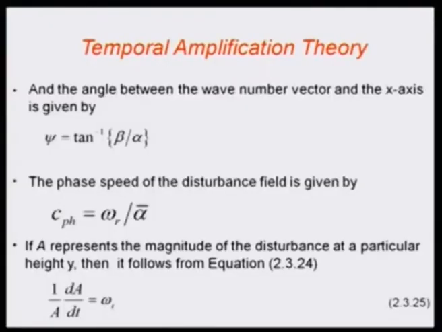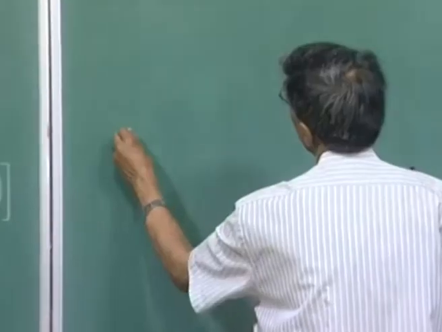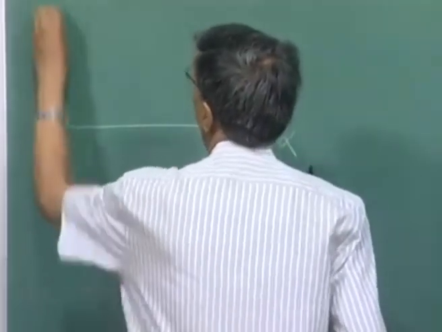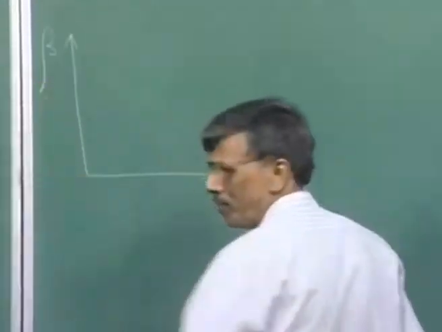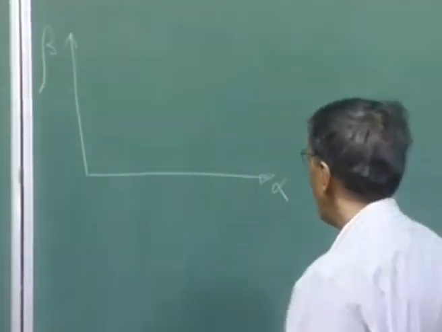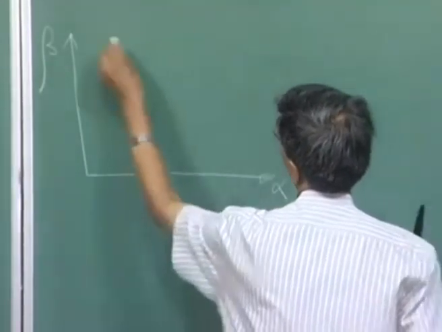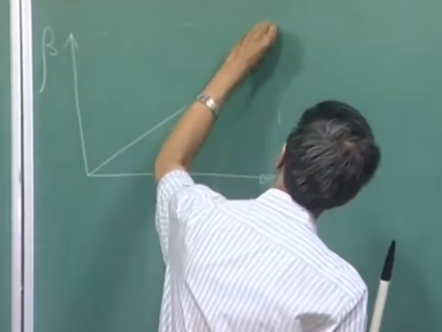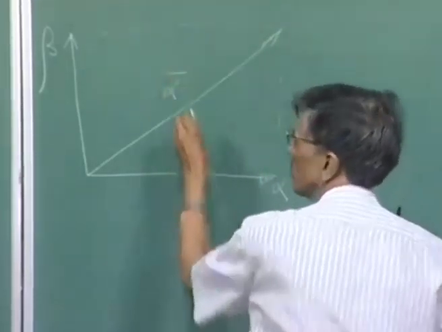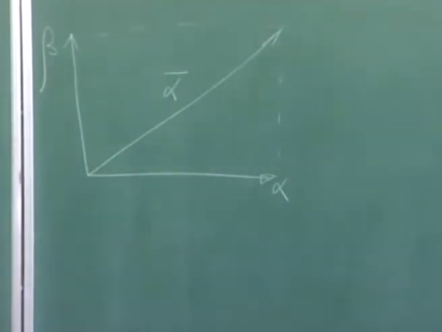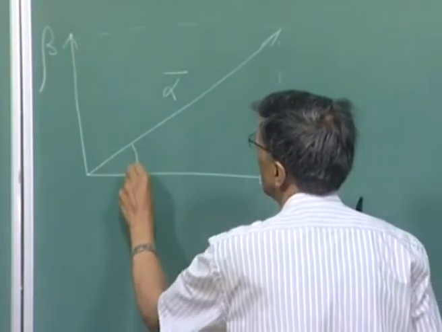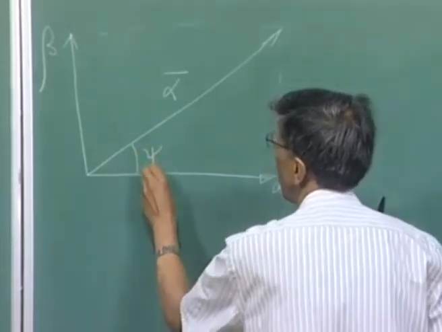The angle subtended by alpha bar with the alpha axis, I will call psi.